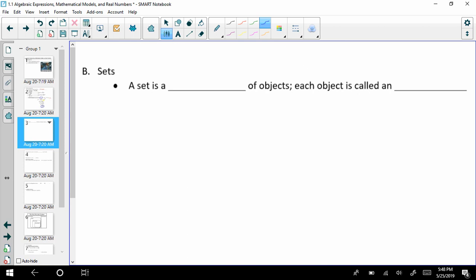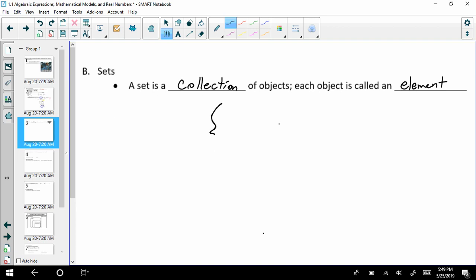Moving on, a lot of the times in this class we will be dealing with sets of numbers. If I'm talking about a set, all that is in the math world, it's a collection of objects. And in our case, each of these objects is going to be referred to as an element. Example.